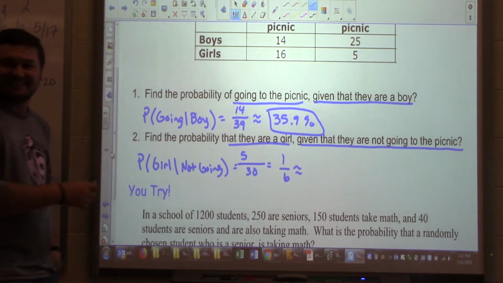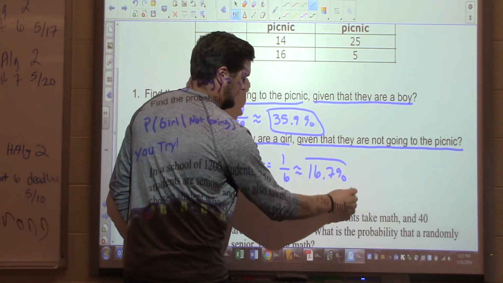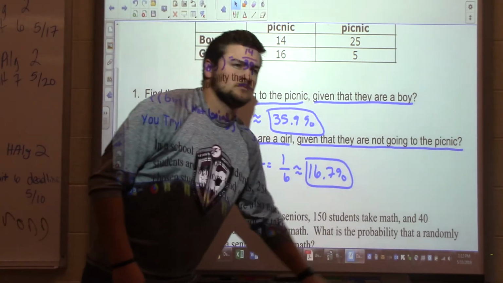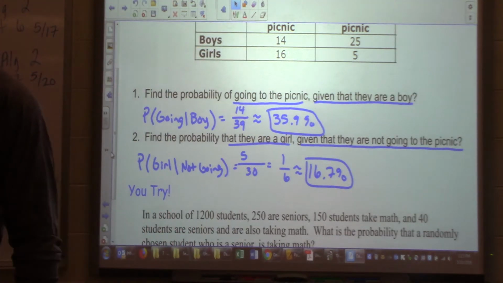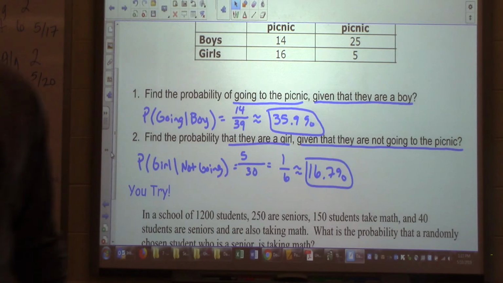Because it's given that you're a boy, it's like all the boys. Well, what's the probability that you're a boy? So out of all the boys, what's the probability they're going to the picnic? Basically what we're looking for.